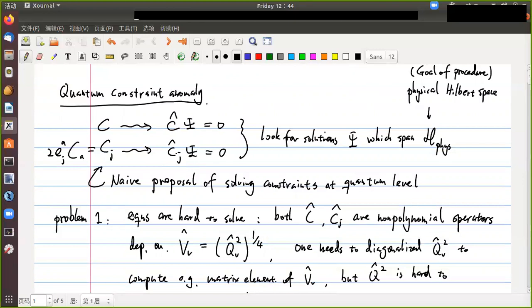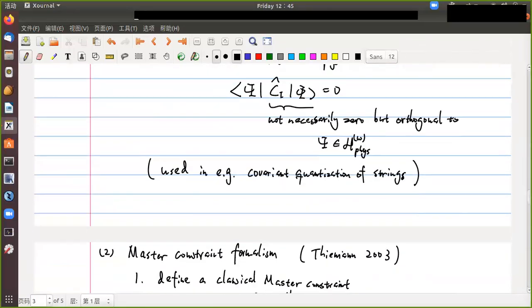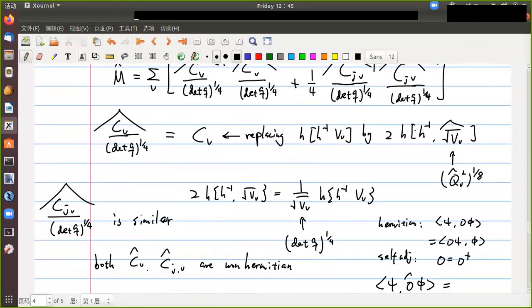How to understand this equation and the physical Hilbert space? You don't know whether those Hilbert spaces exist or not. In addition, there are anomalies, so those equations are not enough. You need to impose additional equations due to quantum anomaly.